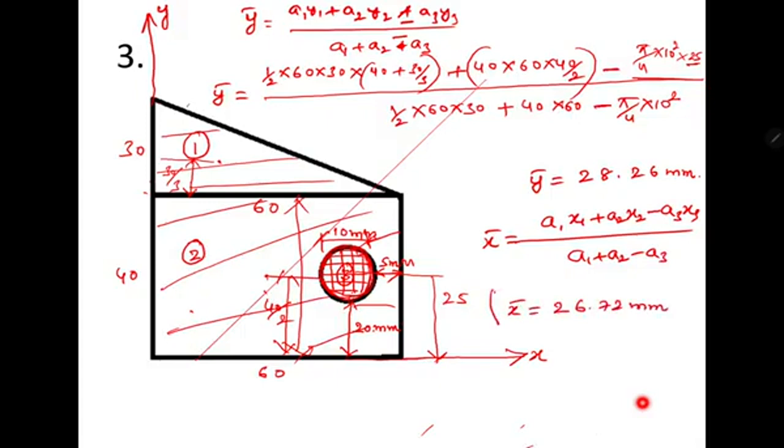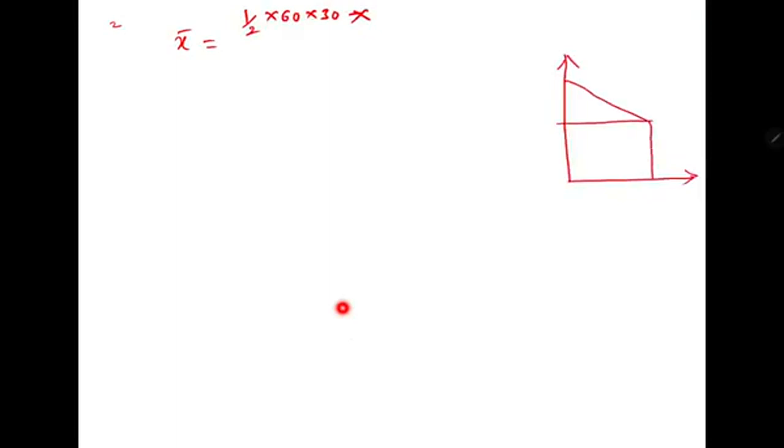So we'll see how to calculate x bar here. X bar, as per the formula, A1 is the area of the triangle, half into 60 into 30, into the distance we have here, from the y-axis to the center of this.